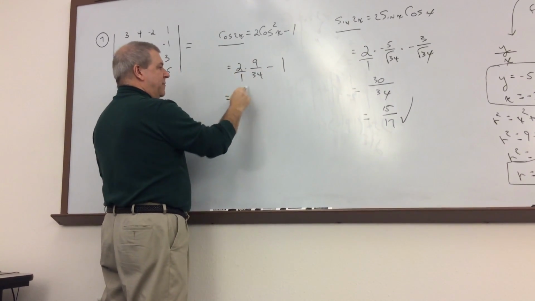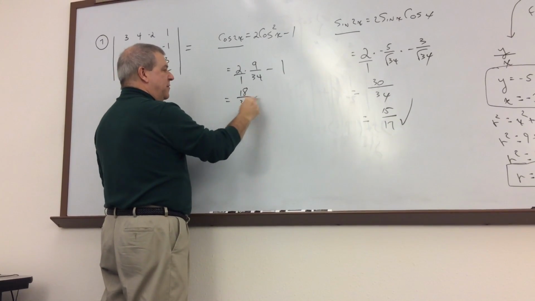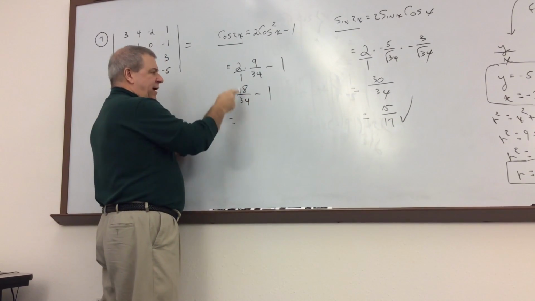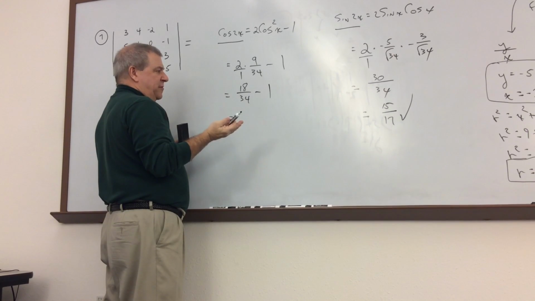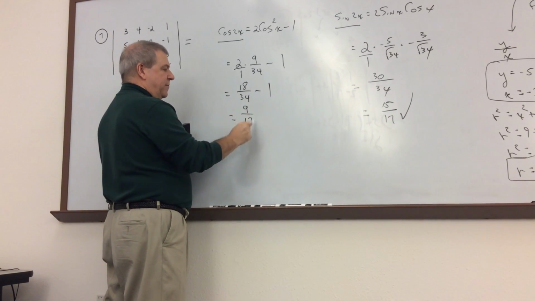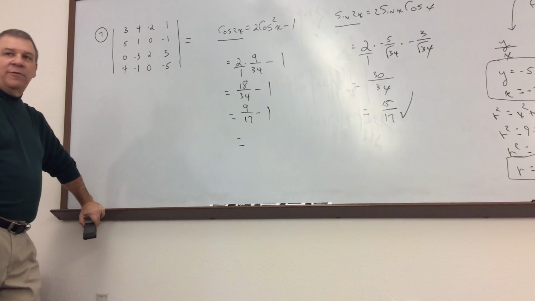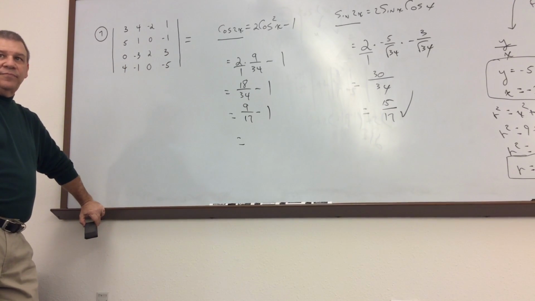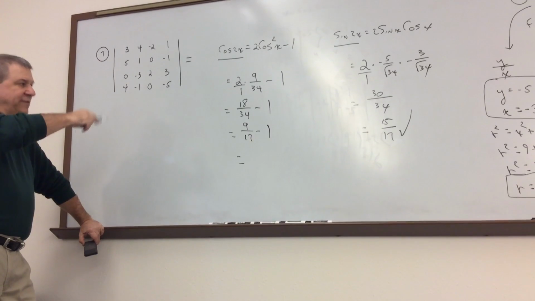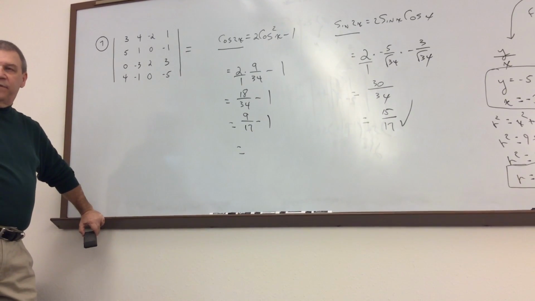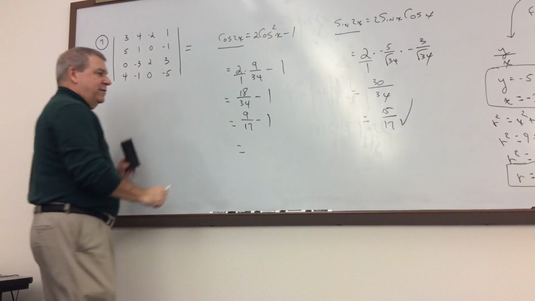Multiply first. 18/34 minus 1. 18/34 reduces to what? 9/17. And then you just get your common denominator. So what would that be? It's 9/17 minus 17/17, so what is that? Noah: -8/17.